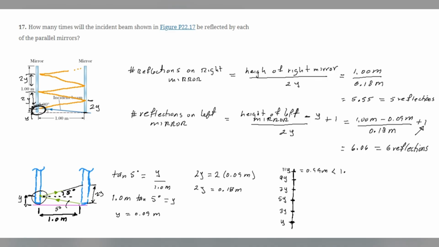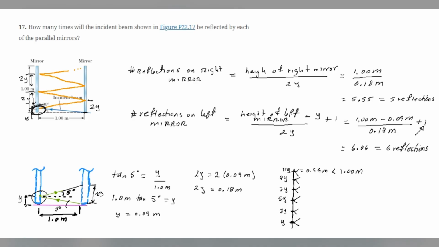So yes, there is enough space to have 6 reflections here, because 6 reflections take 0.99 meters.